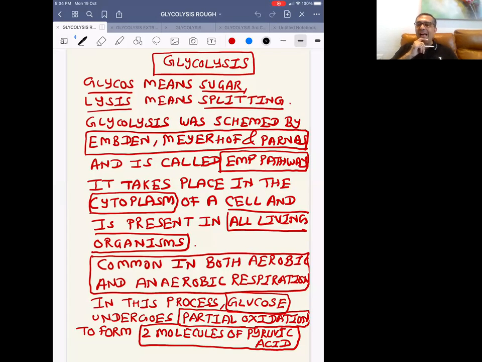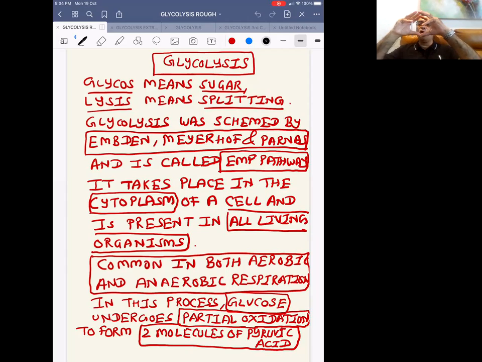Yeah, so last session we started off with the topic called respiration in plants. We talked about very basic aspects. First, we talked about the concept of ATP formation, adenosine triphosphate. We remember one ADP and one IP has in it 7.3 kilocalories of energy stored to form a molecule of ATP.